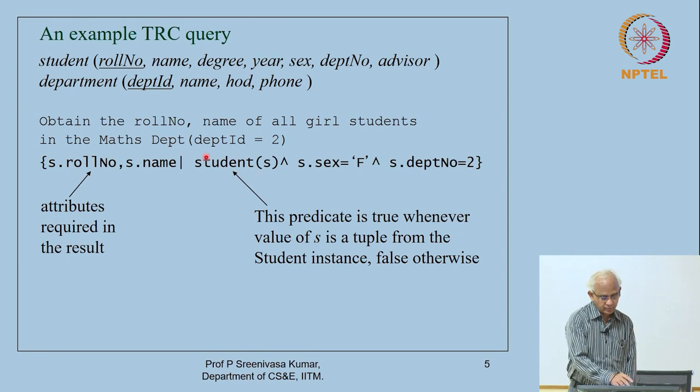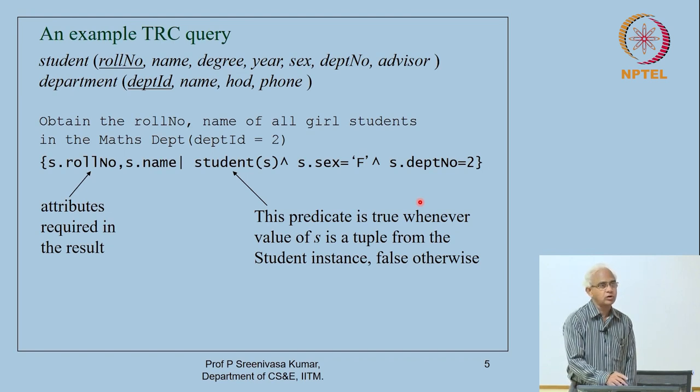Now, this particular predicate student s, as per our closed world assumption, is true whenever this s is an actual instance of our student relation. For all other assignments, you can imagine how this query is going to be interpreted.